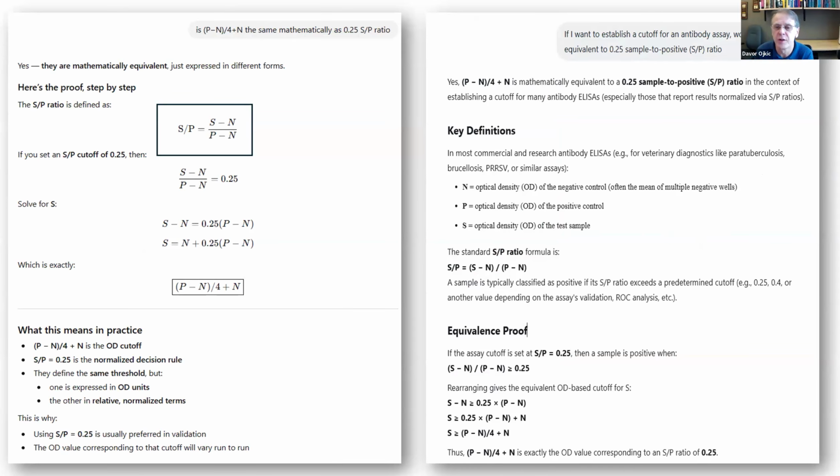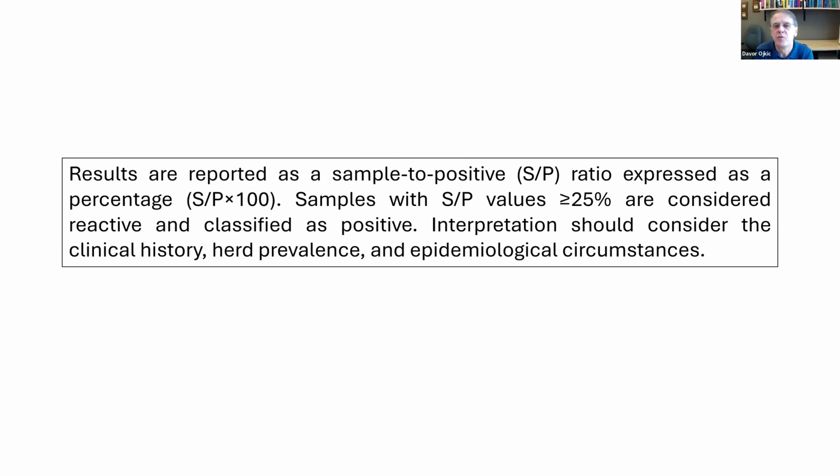So to cut a long story short, we will make this change soon in our system: we can express results with the manufacturer-recommended cutoff of 25%, where those samples are reactive, and it's going to be easier to compare things that happen over time.